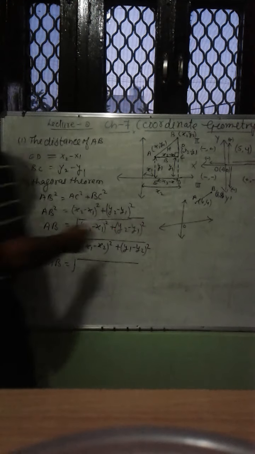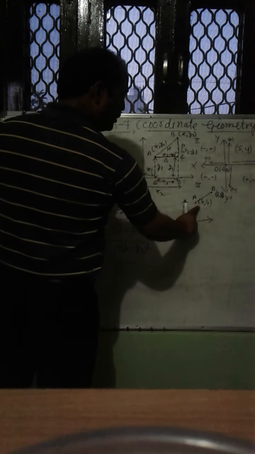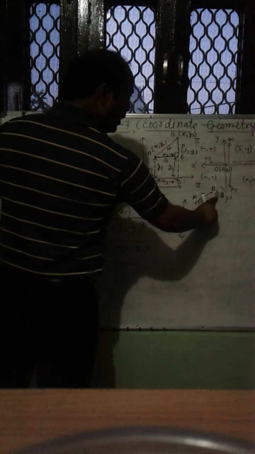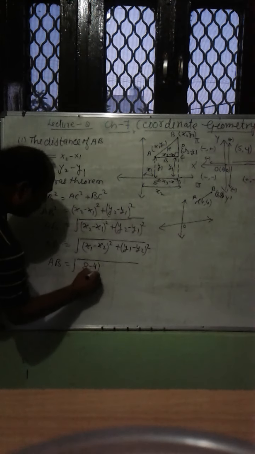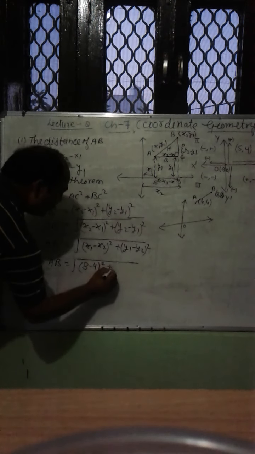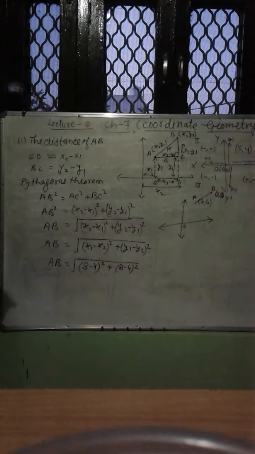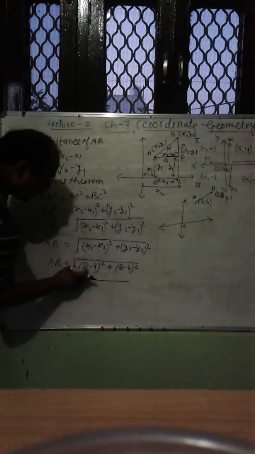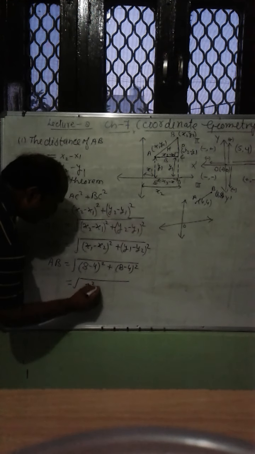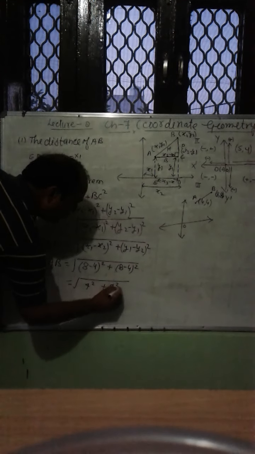Now we write x2, y2, x1, y1. Similarly, AB equals root of (8 minus 4) to the whole power 2 plus (8 minus 4) to the whole power 2. Now finding this value, it equals root of 4 to the whole power 2 plus 4 to the whole power 2.